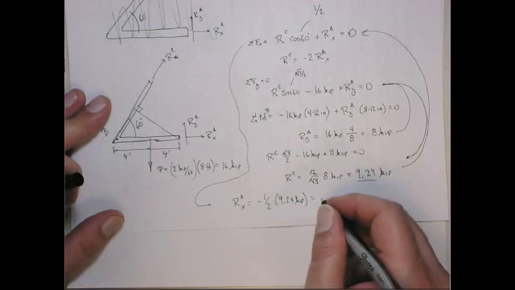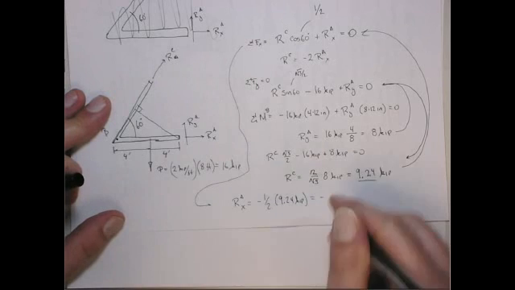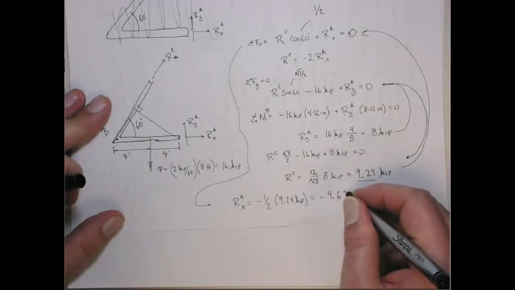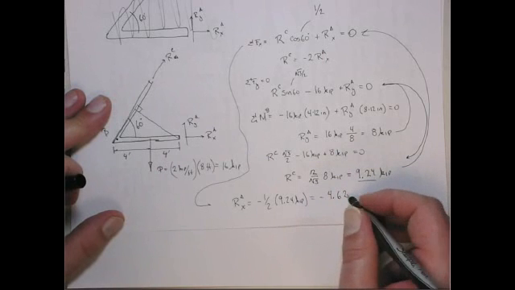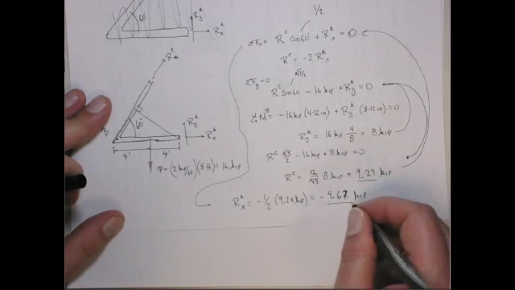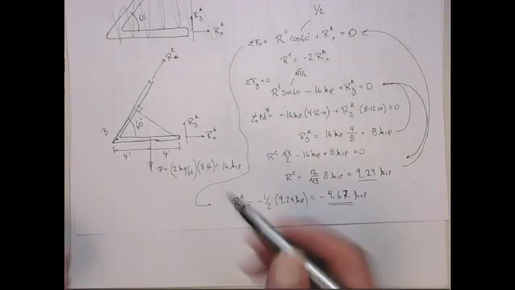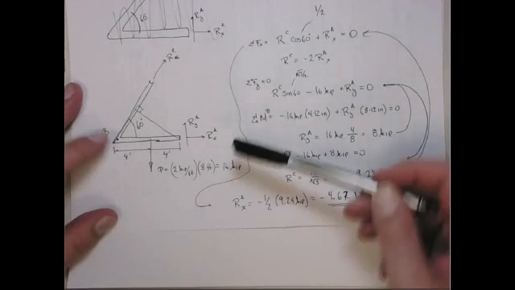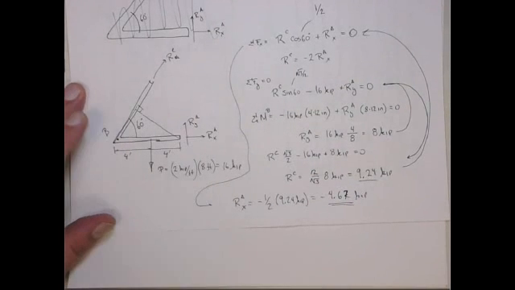So that gives me minus 4.62 kips. Okay, so actually, it's flipped the other way. All right. So actually, Rx is acting this way. So this element here will be in tension.